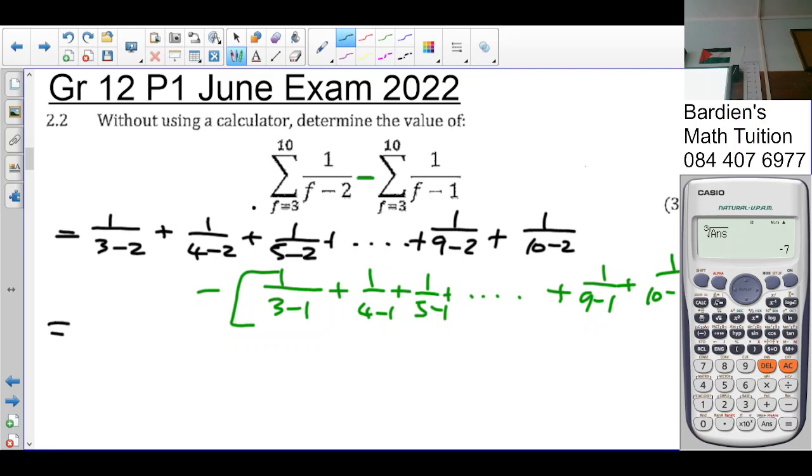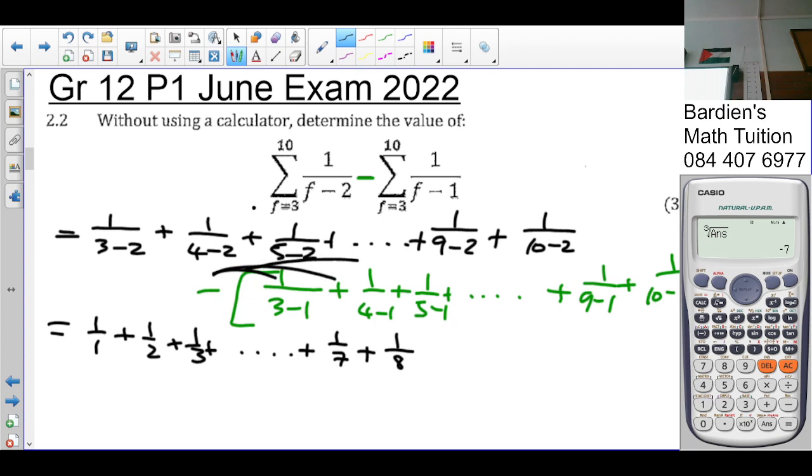That's going to give you 1 over 1 plus 1 over 2 plus 1 over 3 plus, the last terms being, 1 over 8 plus 1 over 7 and so on. Minus, I'm going to multiply this negative out as well. Well, just leave it in the bracket, no problem. That's going to give you a half plus a third plus a quarter plus, the last terms being, 1 over 9 plus 1 over 8 and so on.